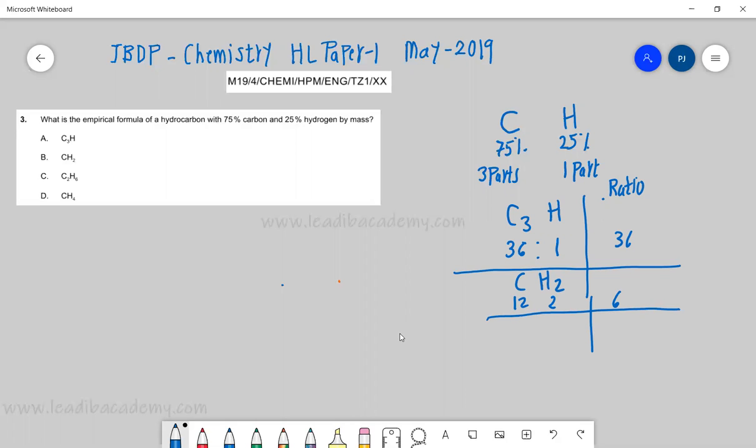In this case, the next one is C2H6. So that is 24 and hydrogen is 6, ratio is 4. And let's look into the last one, CH4. Carbon is 12, hydrogen is 1 into 4, ratio is 3.